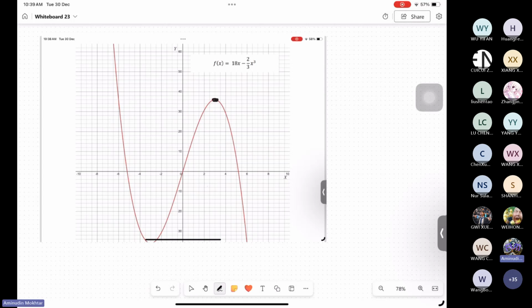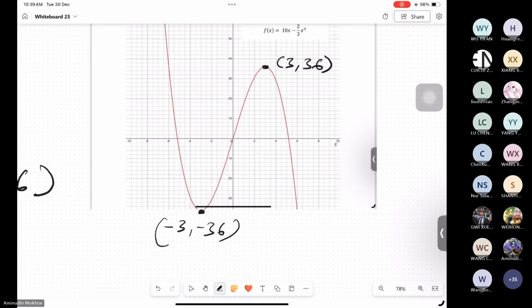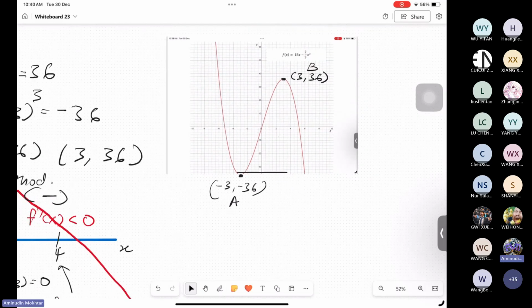There is one critical point, 3 and 36. The second critical point is here, -3 and -36. And as you can see, there are point A and point B.